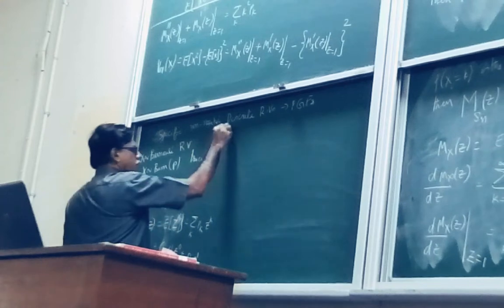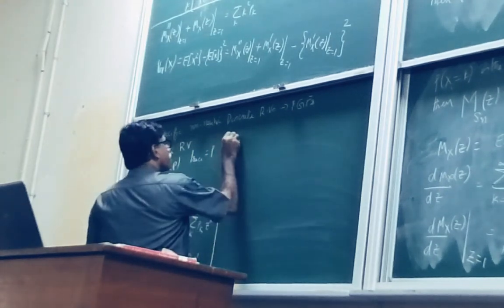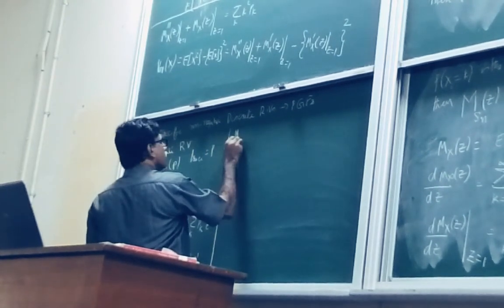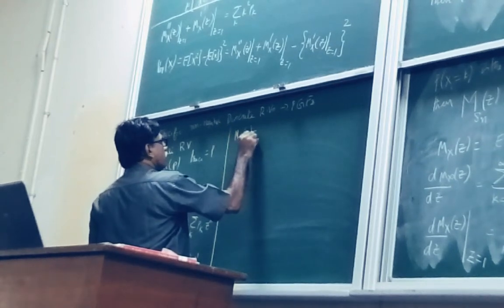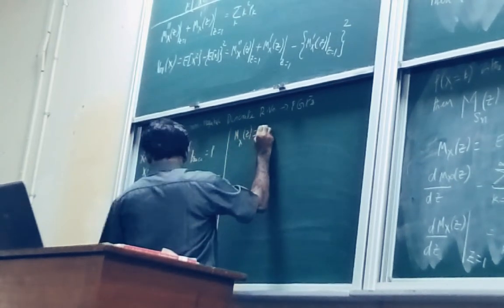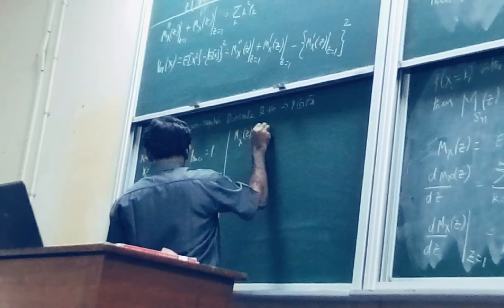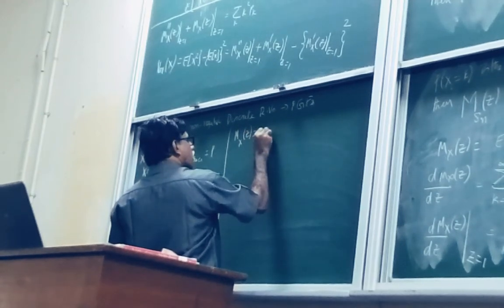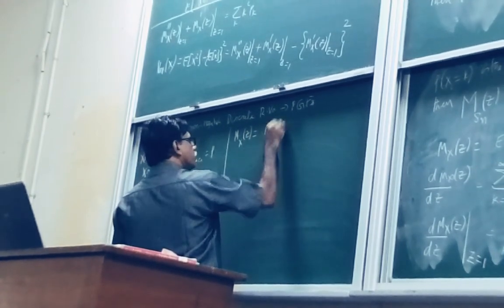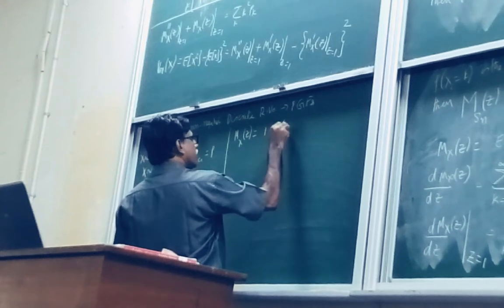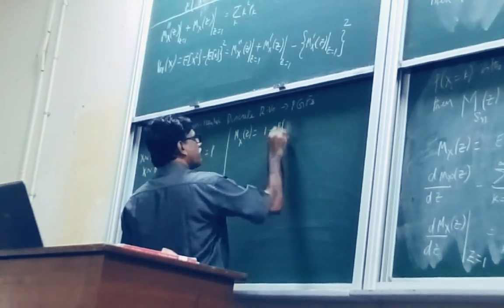So for the Bernoulli random variable, Mx of z is 1 minus p plus pz, another way of writing it is 1 minus p times (1 minus z).